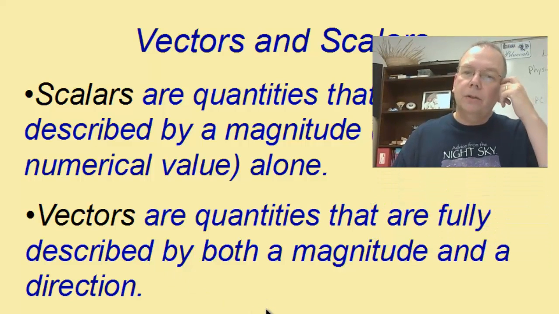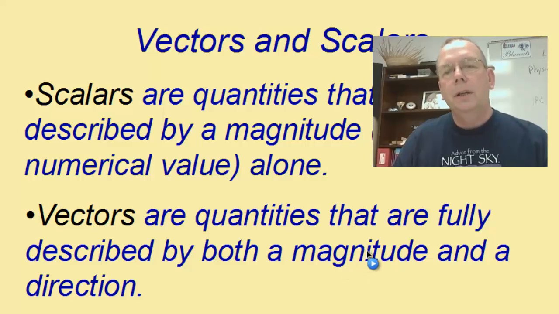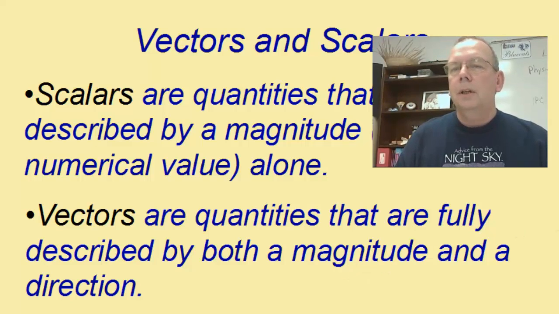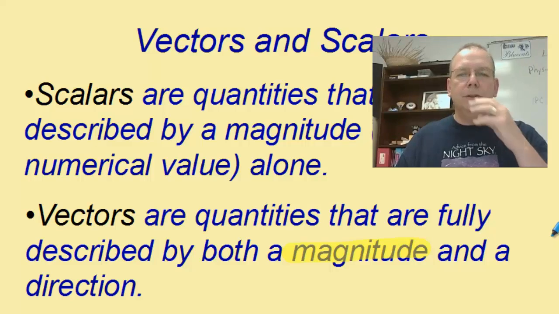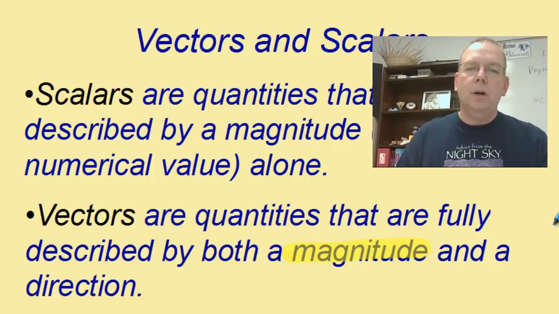A vector, on the other hand, is a quantity that's fully described by both magnitude and direction. And magnitude is a word that sometimes confuses students. No need for that to happen. Magnitude simply means how big something is. So a vector tells you the direction of a quantity and also the magnitude, or how much.